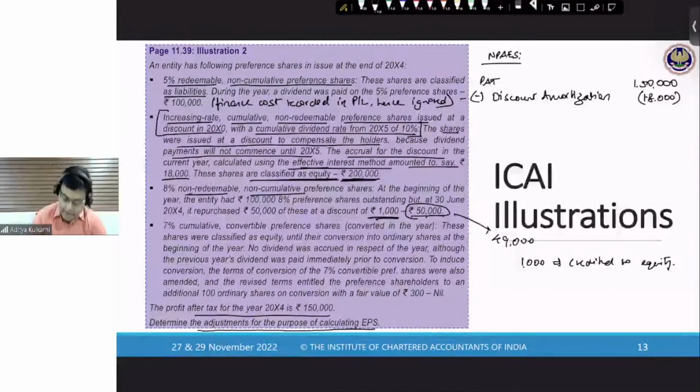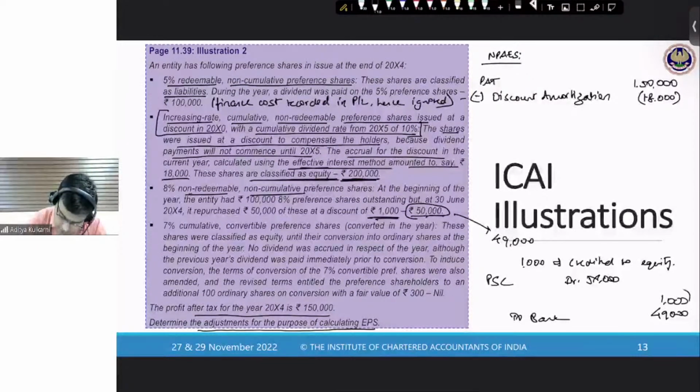Well, the entry that would be passed is preference share capital debit 50,000 to bank 49,000. So this 1,000 would be a gain.